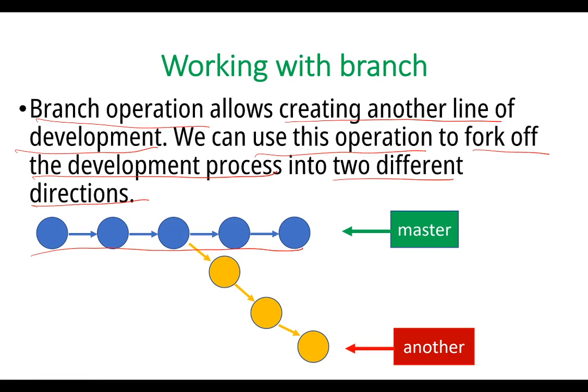You can fork off another line of development along this branch, and when this branch is done, you can merge it to the master branch and delete it.